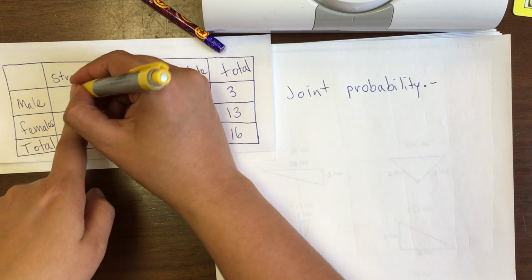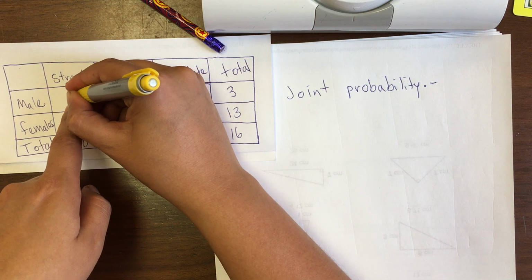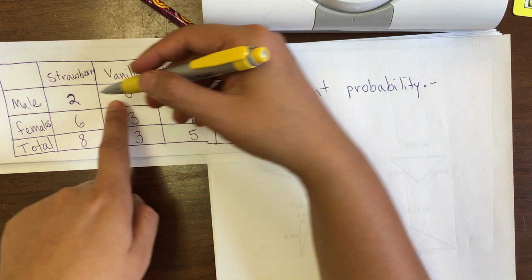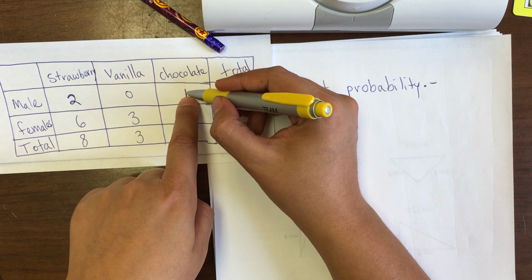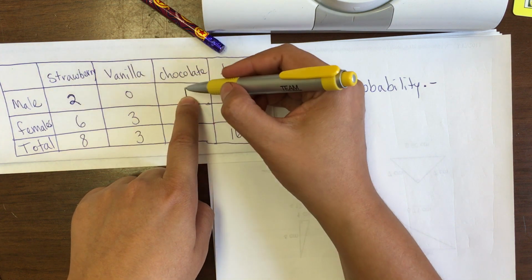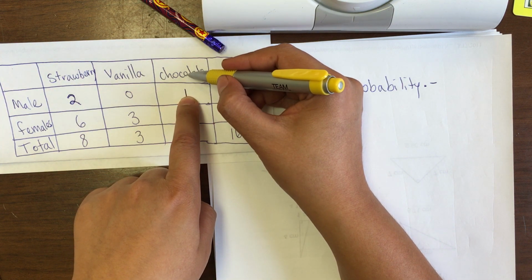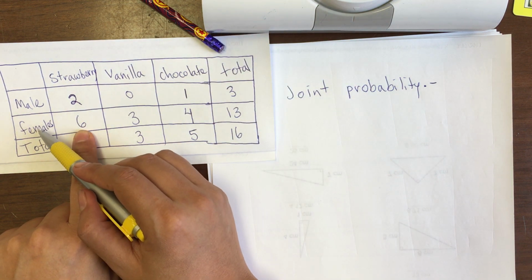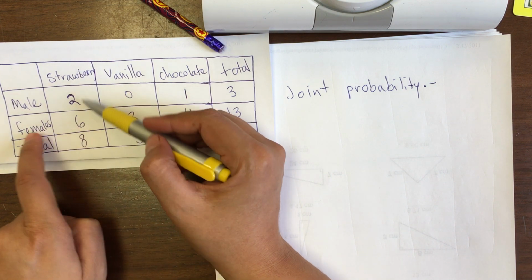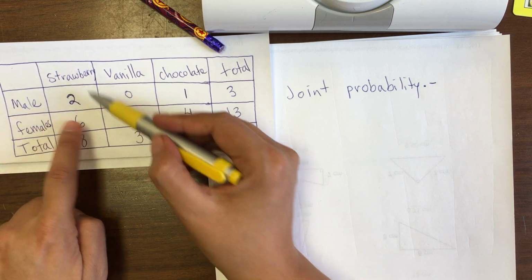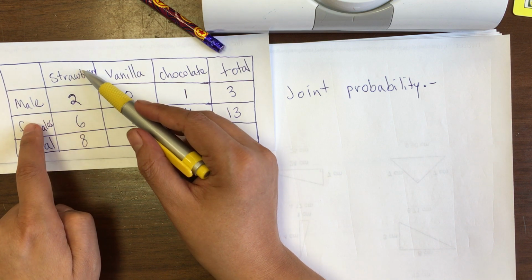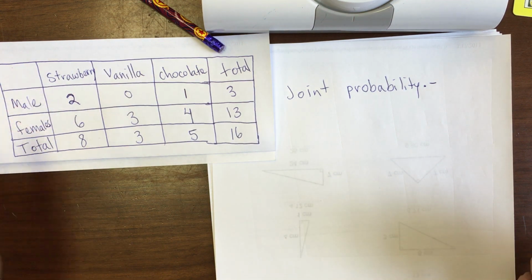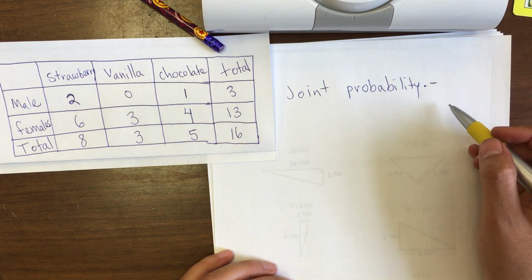Because these two students are both male and they like strawberry. This one student is both male and likes chocolate. These 6 students are female and like strawberry. So basically, they belong to both of the categories that we're pointing out. That's why it's called joint probability.